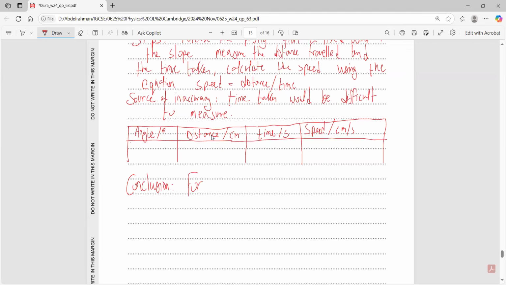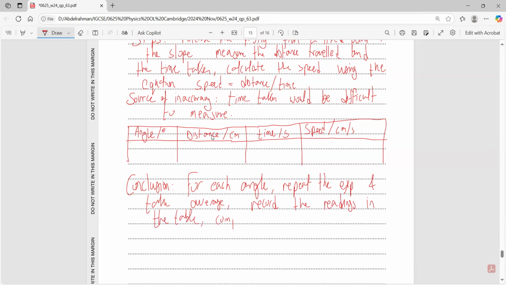For each angle, repeat the experiment and take the average. Then record the readings in the table.